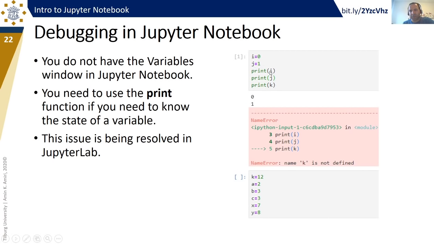You need to write down print i, print j, and print k. It shows that i is 0, j is 1, and k is not defined yet because k is going to be executed here. So this is quite troublesome, but Jupyter Lab is resolving this issue.